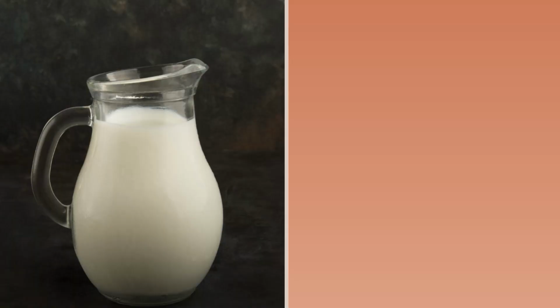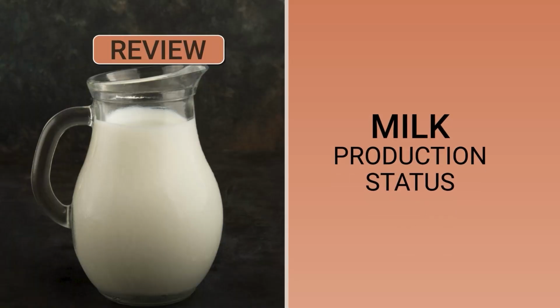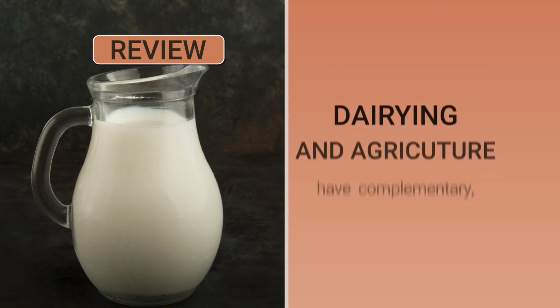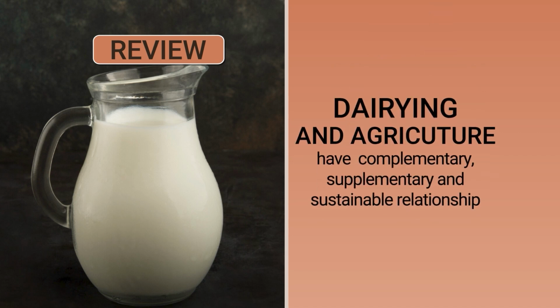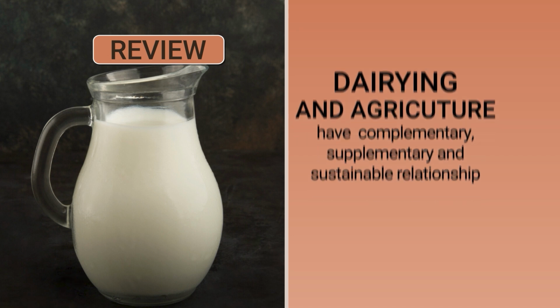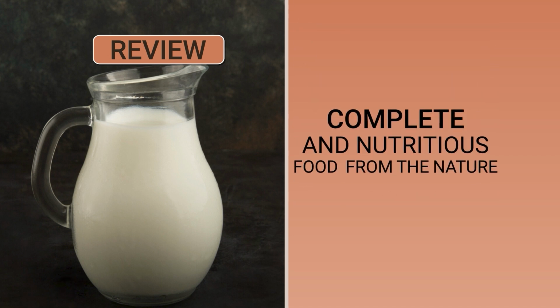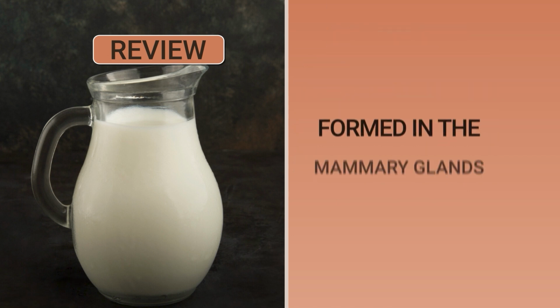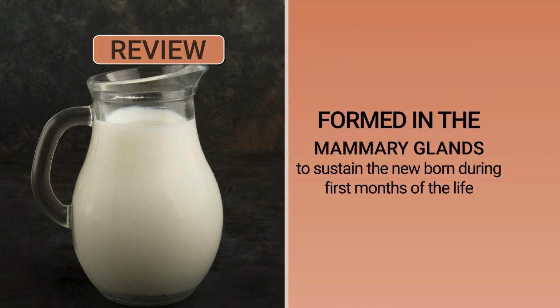So, we will take a review of what we have studied in this first portion. We have studied the milk production status, that we are number 1, and we also reviewed that dairying and agriculture are complementary, supplementary, or in a symbiotic relationship. Milk is a complete and nutritious food from nature, particularly formed in the mammary glands to sustain newborn babies.